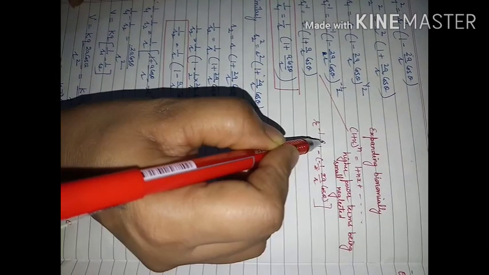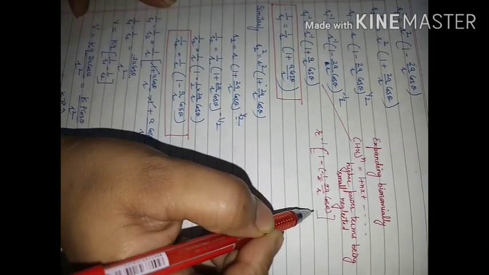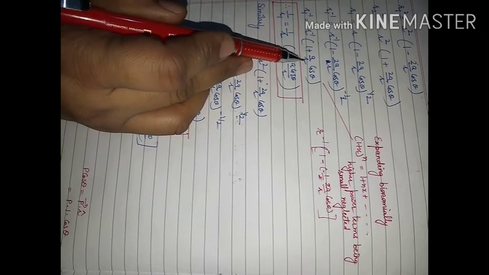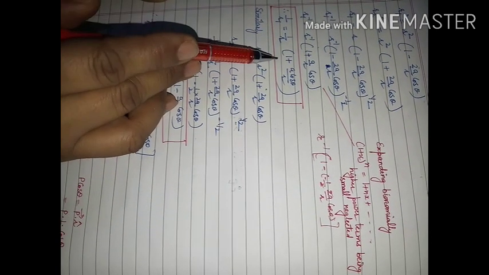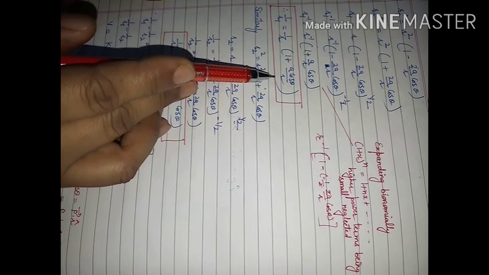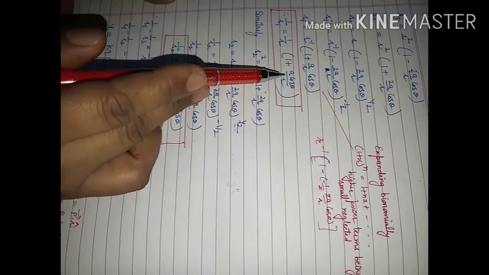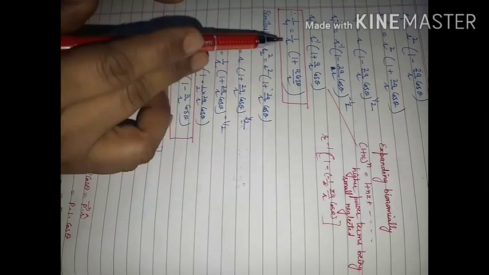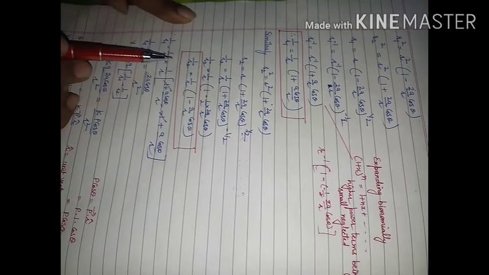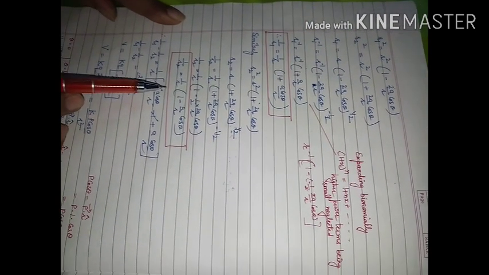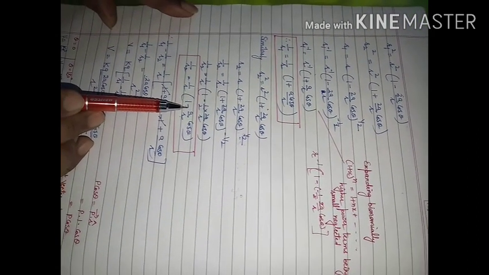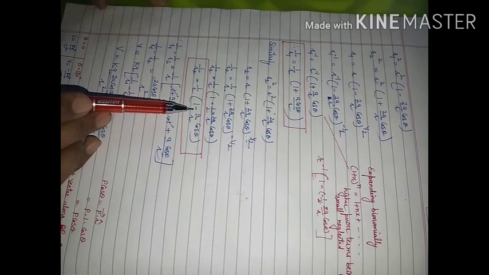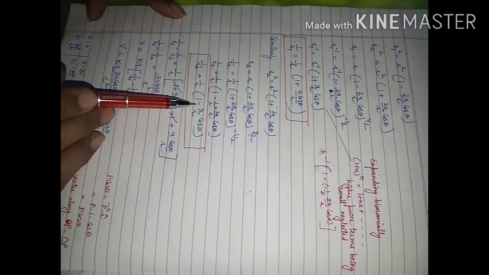So the negative will become positive, and we will get this equation. So 1 upon r1 will be equal to 1 upon r within bracket 1 plus a cos theta divided by r. In the same way we can have the expression for r2. So 1 upon r2 will be 1 upon r, 1 minus a upon r cos theta. This difference we already have from the equations that we have considered earlier.